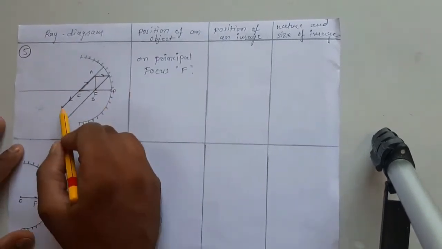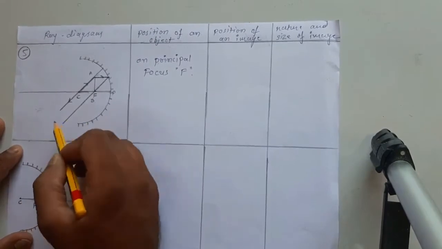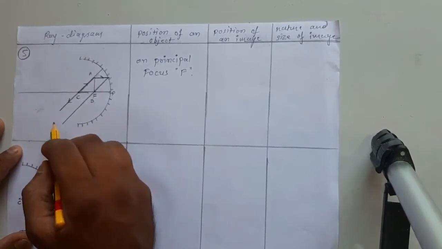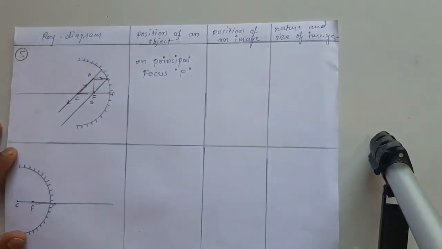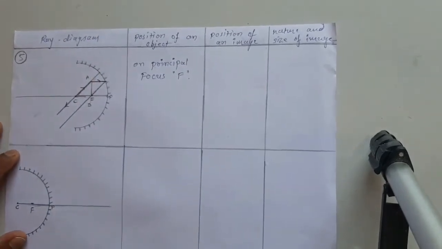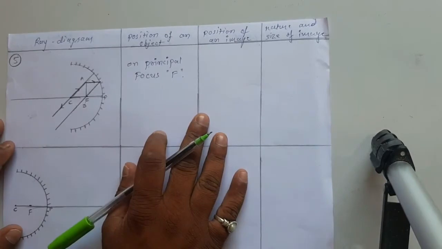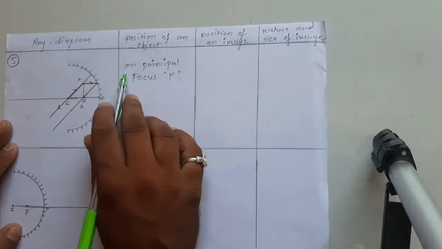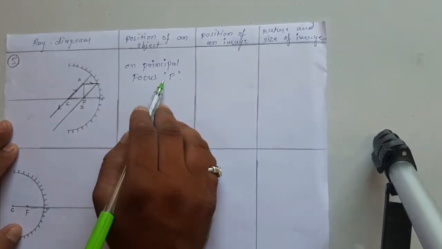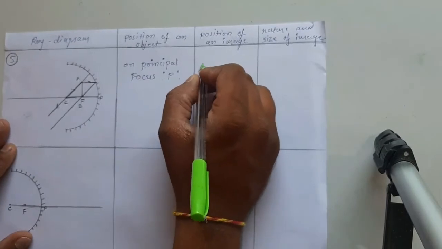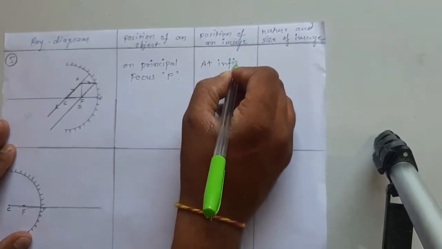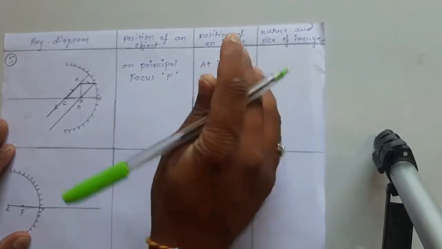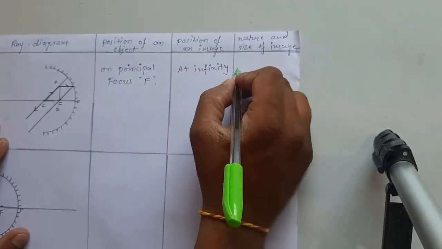So here we can see that the rays are not going to converge at any one point, so we will get our image at infinite distance. So when our object is on principal focus F, we will get our image at infinity.